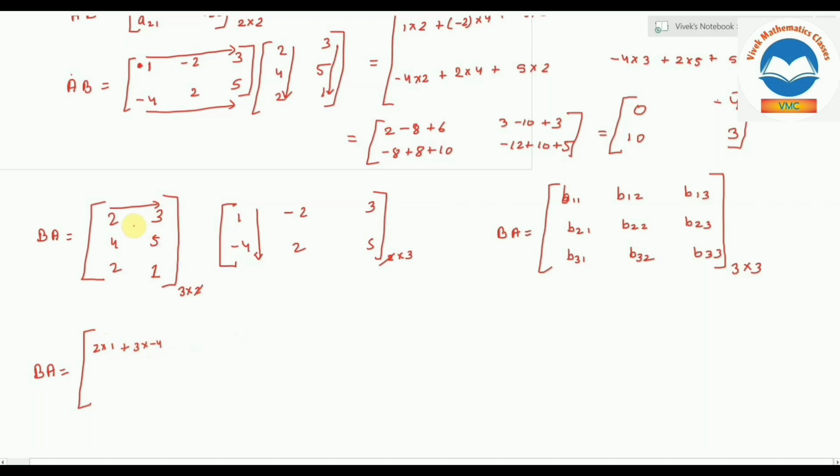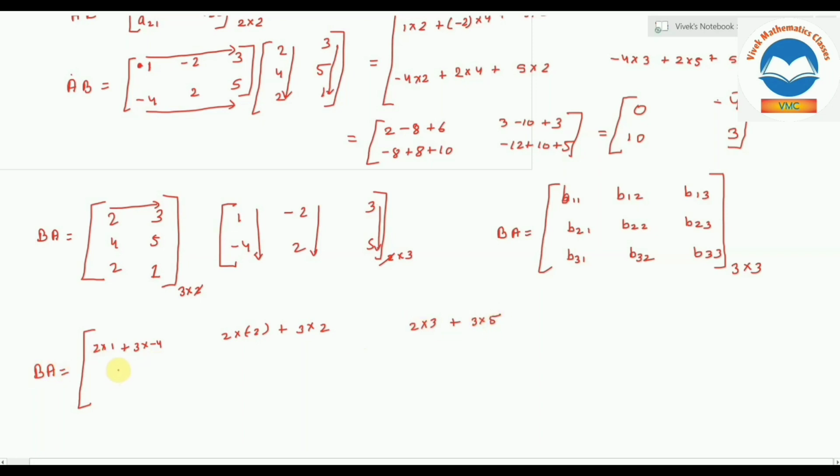Okay, next B12. 12 means first row and second column. Second column will multiply. So you will get 2 into 2, 2 into minus 2 and plus 3 into 2. Next B13 means first row and third column. So we will get here 2 into 3 plus 3 into 5.